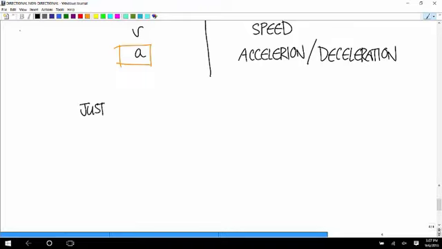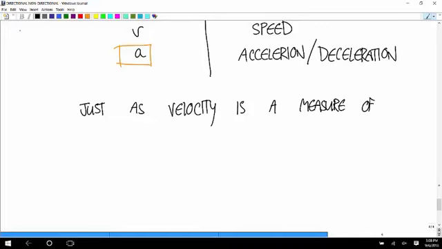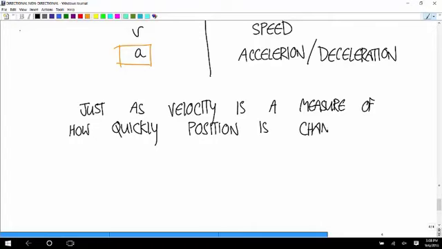Okay, so just as velocity is a measure of how quickly position is changing, acceleration is a measure of how quickly velocity is changing.